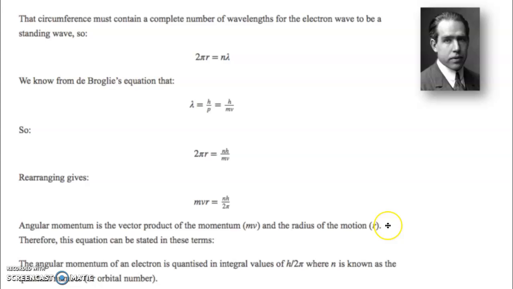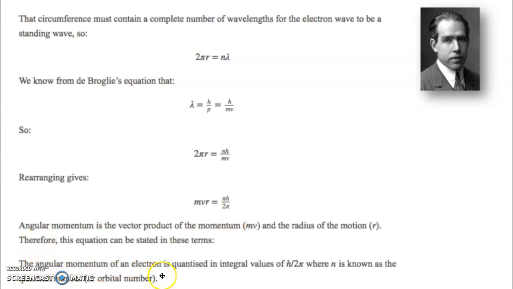You don't come across it anywhere else in the syllabus, and you don't really need to do much with it. You just need to know that it exists, and it's equal to mvr. This is called angular momentum, and what we've got here is a proof that the angular momentum of an electron in a shell is equal to the number of wavelengths times Planck's constant divided by 2 pi.